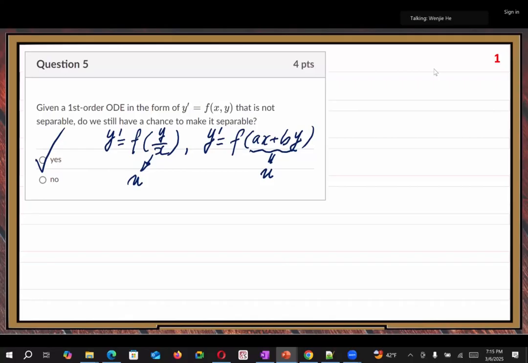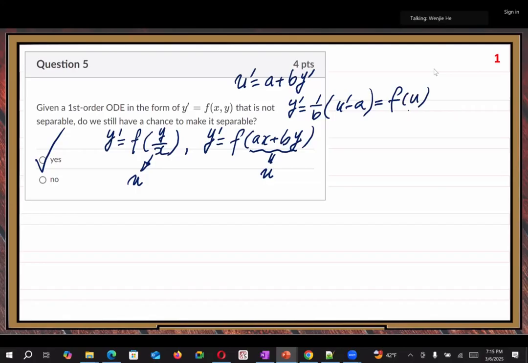For this case, u prime equals a plus b y prime. So y prime equals, u prime minus a equals f of u.